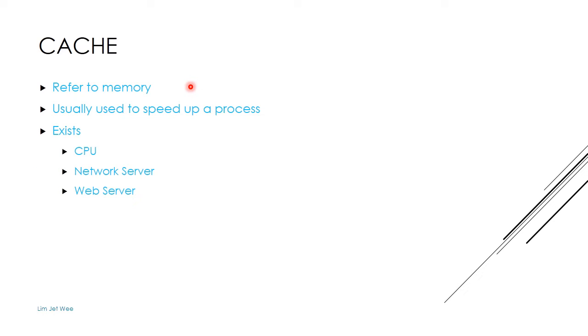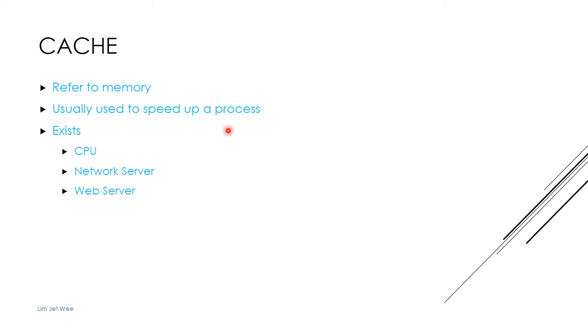First of all, the word cache itself actually refers to memory, or a limited amount of hard disk space. But it serves one single purpose, which is to speed up certain processes.